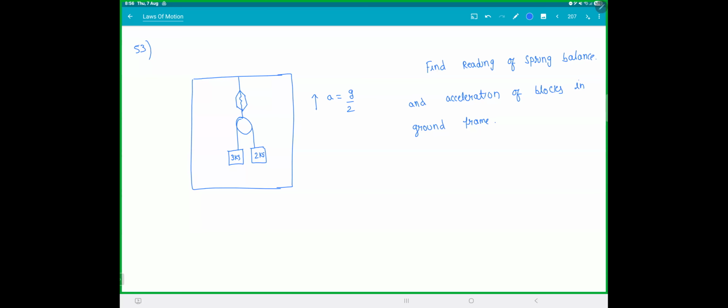3.6 kgs, okay. What about the acceleration also? There are two blocks, Reshman. They won't have the same acceleration. I was asking in the ground frame. Try.